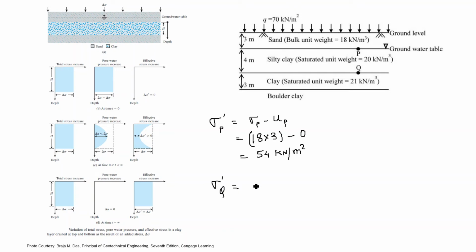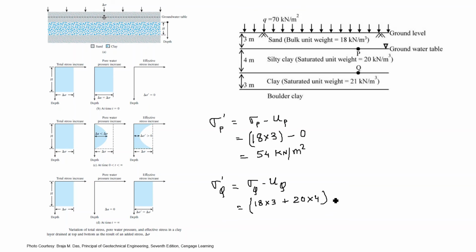So the effective stress is equal to total stress minus pore water pressure. So total stress at point Q is equal to unit weight of this soil layer into this depth plus unit weight of this soil layer into its depth. So 18 into 3 plus 20 into 4.